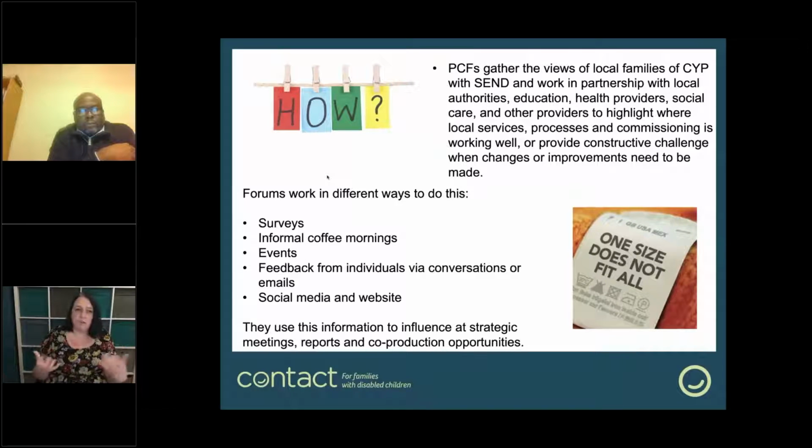I think that's something that Richard and I were quite keen to get across this evening: there is no risk about talking to the forum. The forum isn't going to go and share your information far and wide. If we want to use an individual case study, for example, we will ask you and have conversations with you before we do that, and make sure you are absolutely happy before we take that forward.